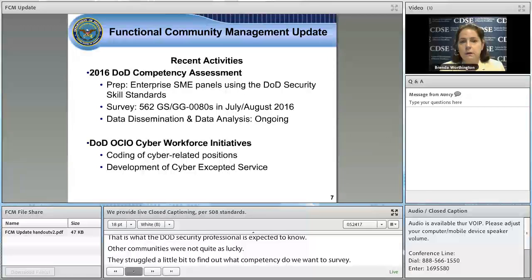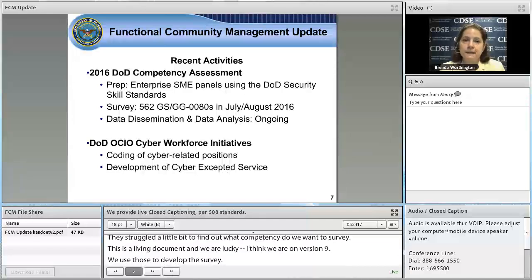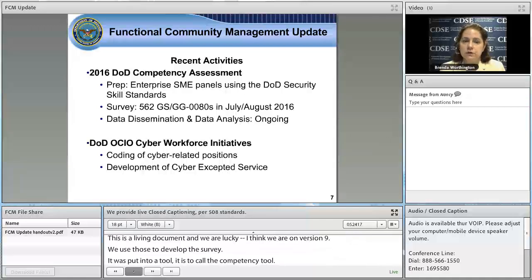It was put into a tool called the DoD Competency Assessment Tool, or DCAT. That's an acronym that we throw around a lot in this particular program. The survey was ultimately answered by 562 OADOs and their supervisors in July and August of last year.